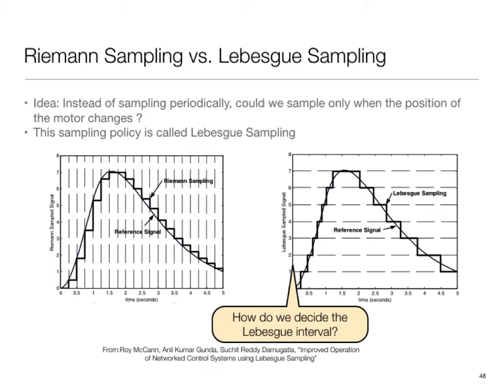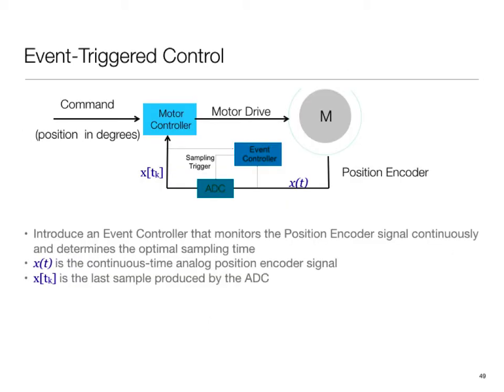Relative to my uniformly sampled system, I could try to come up with a strategy for this non-uniform sampling, or Lebesgue sampling, so that my overall system still remains stable, okay, and I can design things for that. So that's what this work does. So in effect, what happens in the system, sorry for my awful choice of colors, hopefully you can read it.